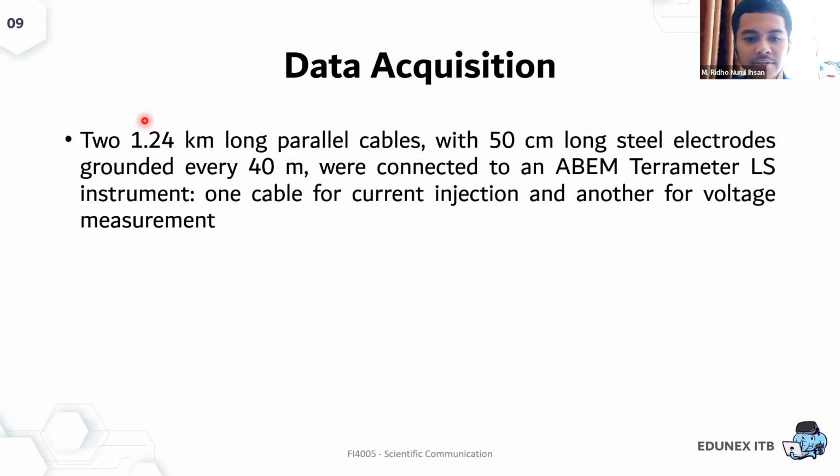For the data acquisition, a 1.24 kilometer long parallel cable with 50 centimeter long steel electrodes grounded every 40 meters was connected to an ABEM Terrameter LS instrument. One cable was for current injection and another for voltage measurement.